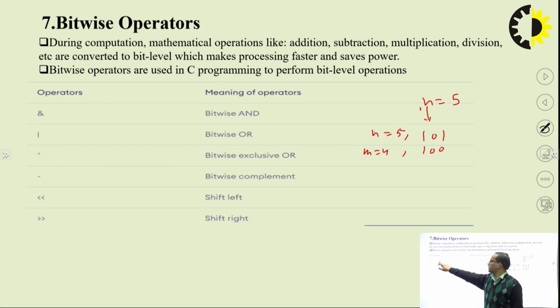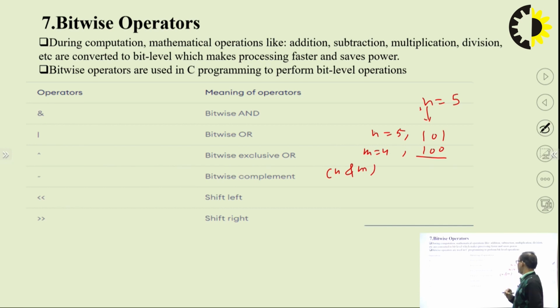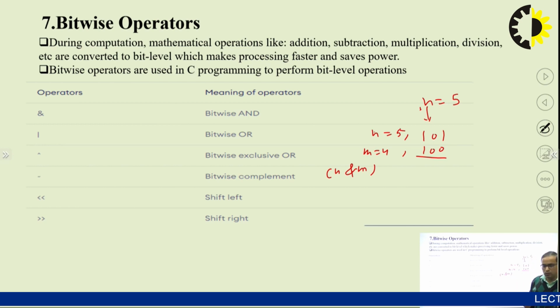So the first bitwise operator is bitwise AND. Suppose n is 5, m is 4. If we are performing the bitwise AND operator between n and m, what will be the result? The corresponding bits will be matched. If both corresponding bits are 1, then the output bit will be 1. If they are different, the output bit will be 0. If both are 0, then the output bit will be 0.